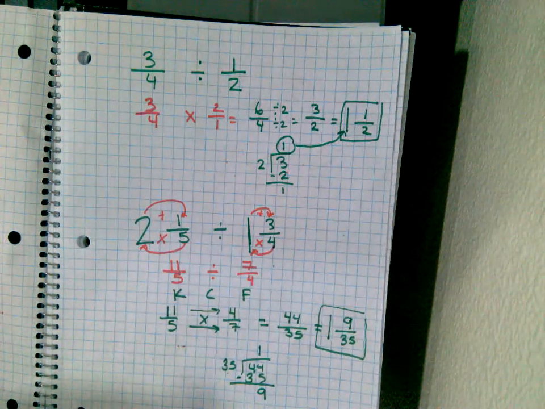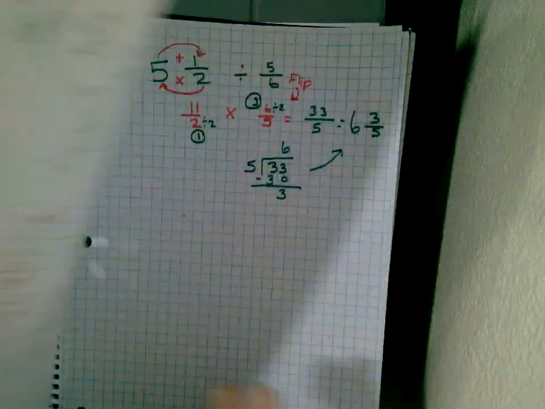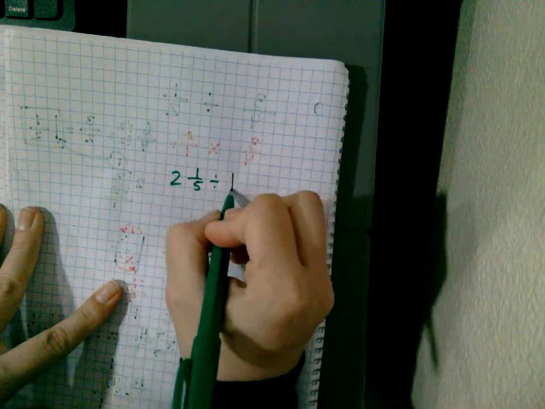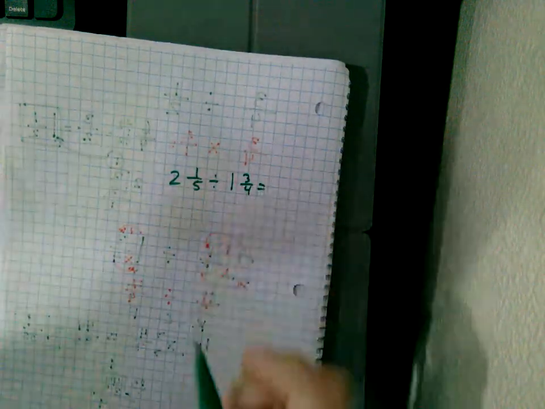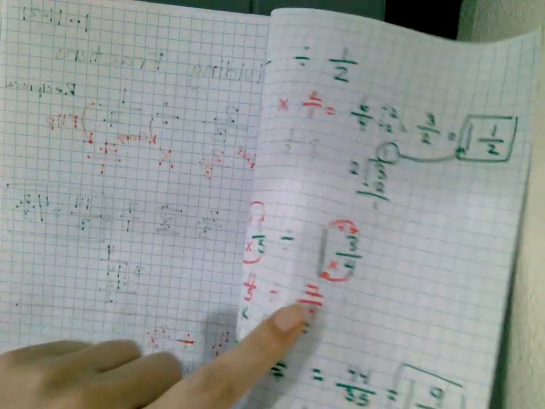Okay, warning before you get into groups. I'm going to warn you right now. If you do the group work and you write this down, you go 2 1/5 divided by 1 3/4, you don't have to write this down. I'm just showing you. I'm warning you. So this is the problem we just did right now.